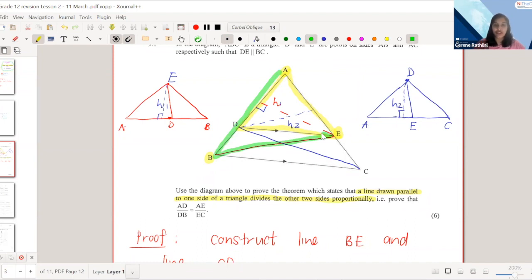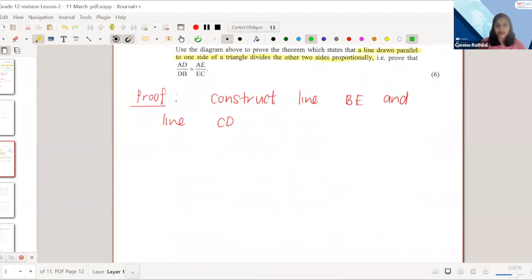So that's what's actually happening in here, right? So let's construct and let's write down those areas. Sorry, wrong pen.